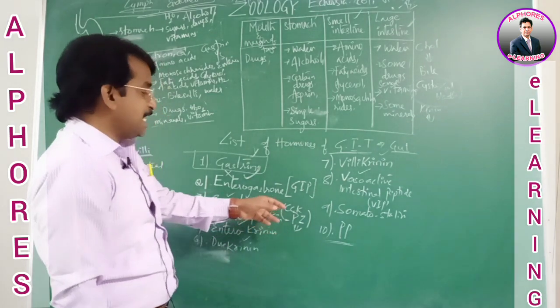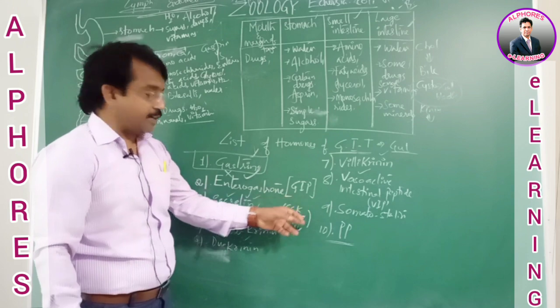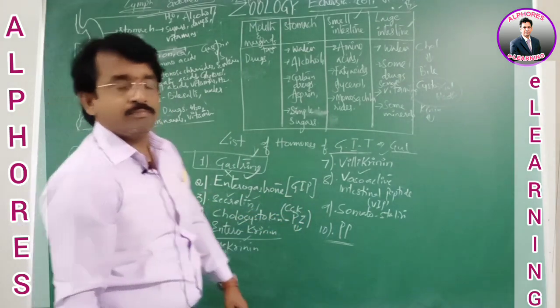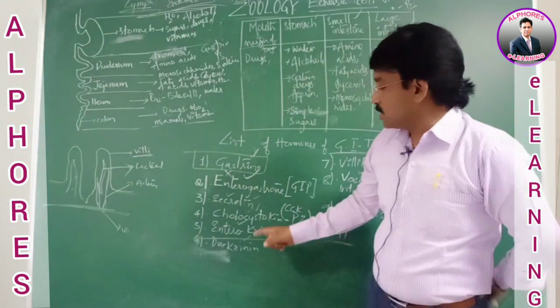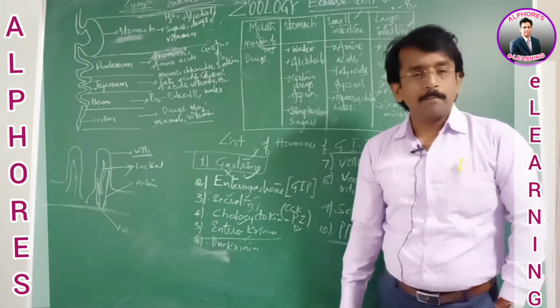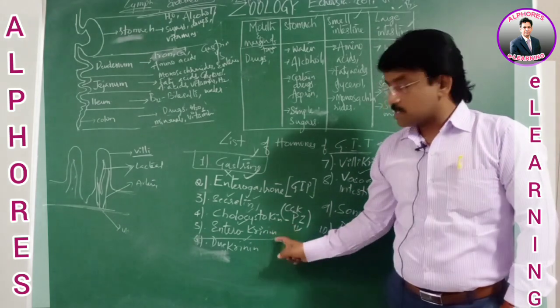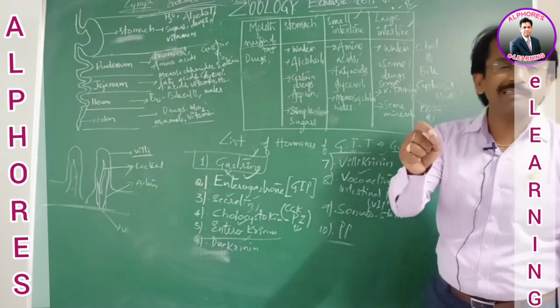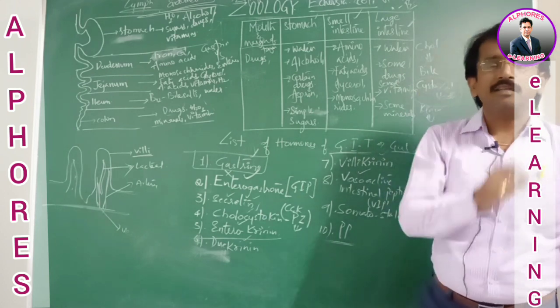That's what it is, CCK, cholecystokinin and pancreozymin. Next, enterocrinin. Enterocrinin is from the small intestine, and it stimulates the crypts of Lieberkühn to secrete the intestinal juice.